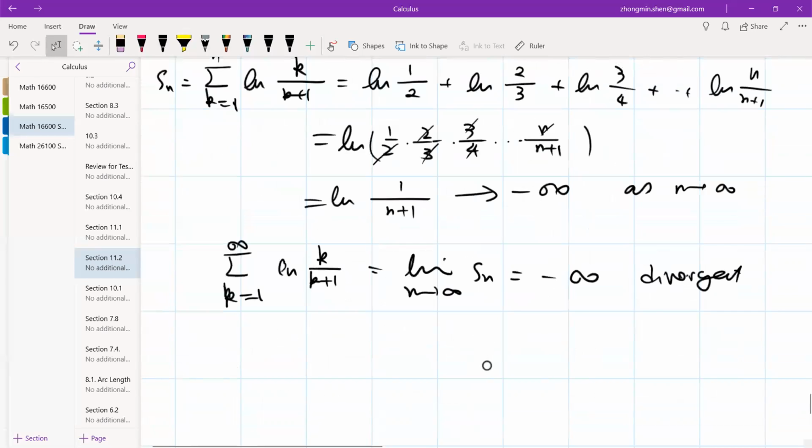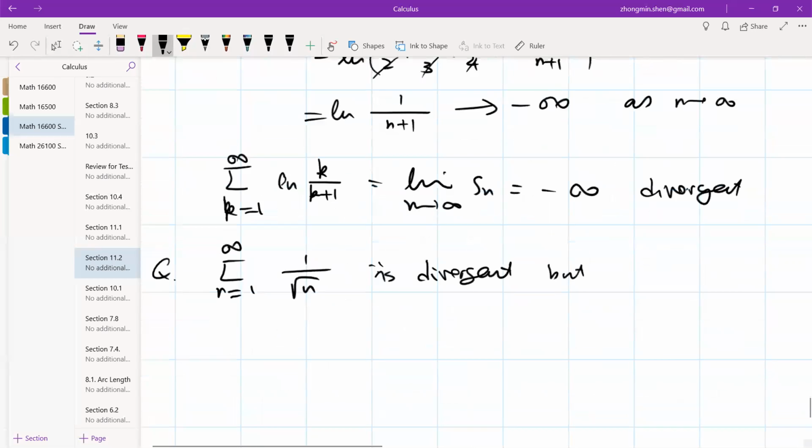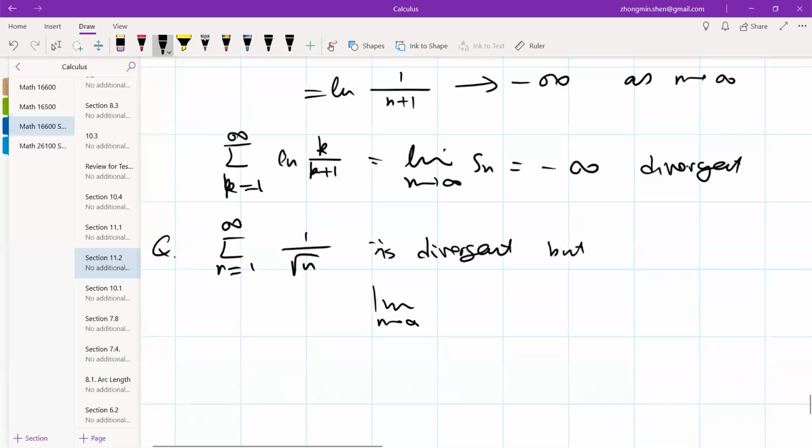Another example, we cannot prove it right now, but we will do it later, such as this one. This is divergent. But the limit of the nth term is still 0. We cannot prove it until the next section.